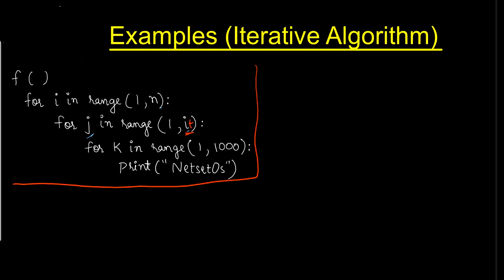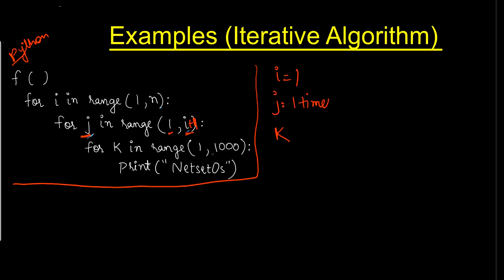Here, as it is in Python, it will be i plus 1. Don't go on the syntax of the program. It's simply to see how the loop is running each time. So here we will see for i is equal to 1, j is running for 1 time.